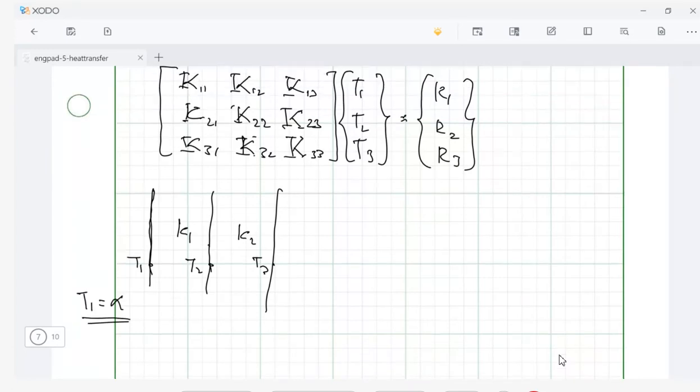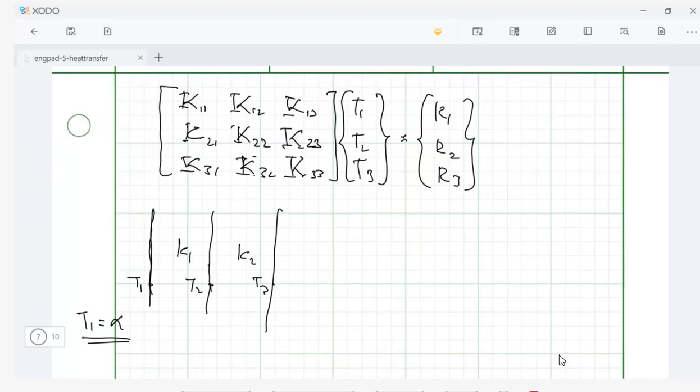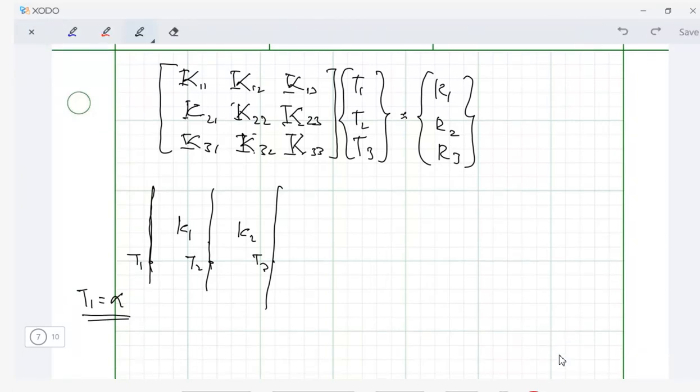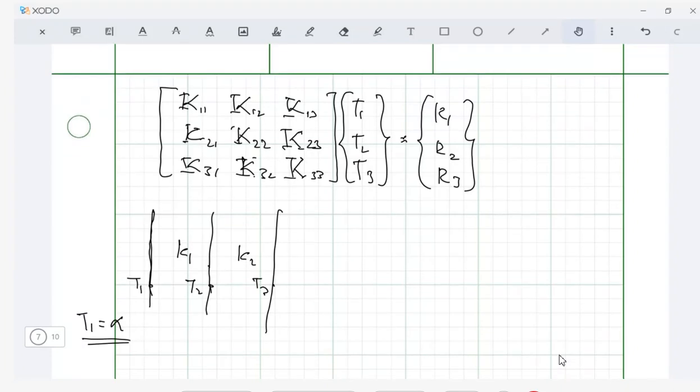So now, one boundary condition is met. So now let's rewrite this. Let me change color. So now we know that T1 is equal to alpha.